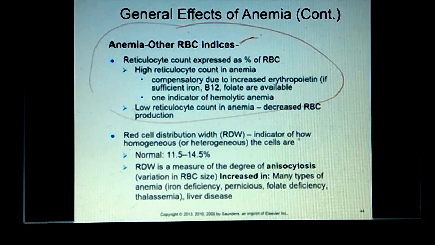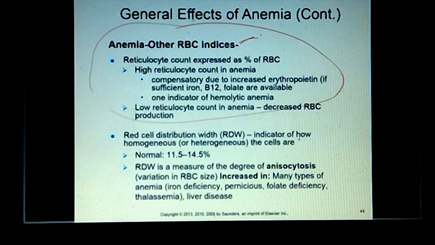If you have a high reticulocyte count and the person is anemic, that might suggest it's compensatory due to an increased erythropoietin, because that's what's stimulating the production of red cells.